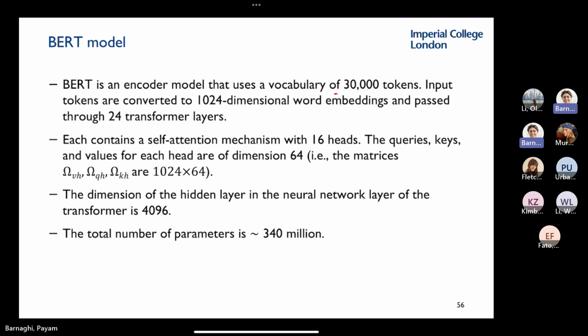Each single transformer had 16 heads. So far, what I've explained is one transformer. BERT has 24 transformers to start with. Multiply it out. The dimension of the hidden layer of the neural network is 4096, and the total number of parameters is 314 million.